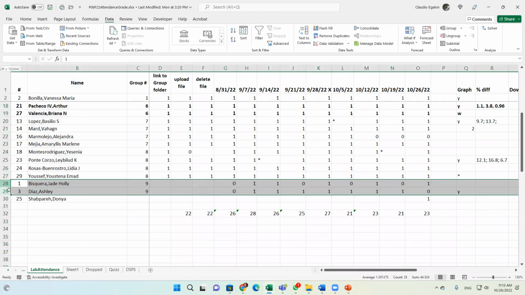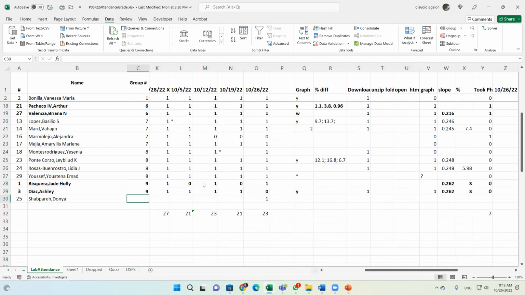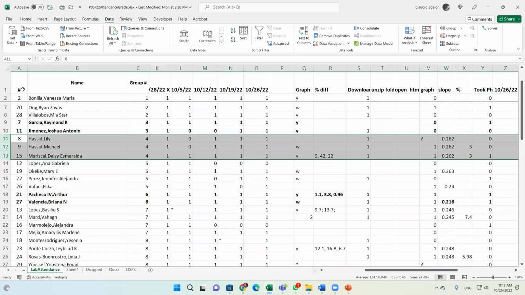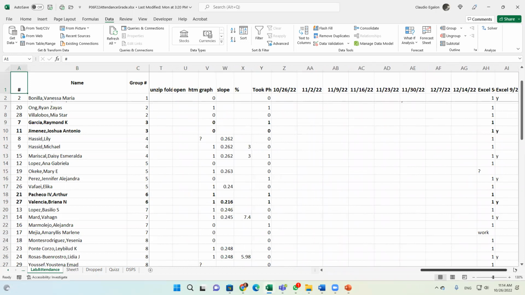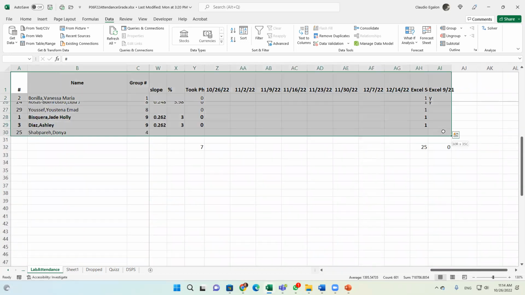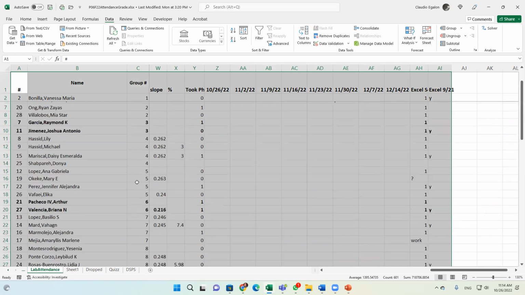Okay, so we're talking about another group that has 3 students. And Donia, I need to know which group you are, okay? I'm group 4. Okay, so group 4 has 4 students. Let me just sort that out, organize it properly by group number, and now we have, okay, good.